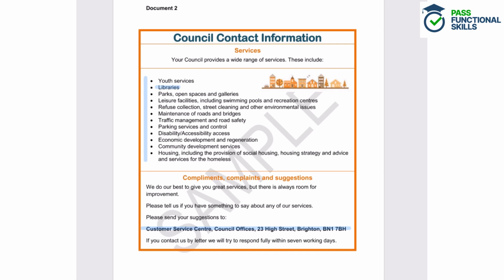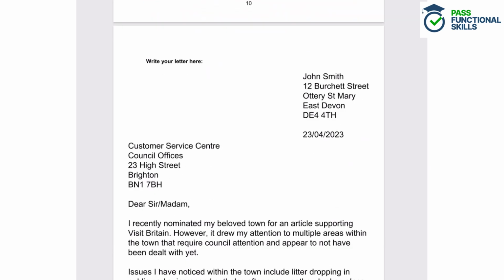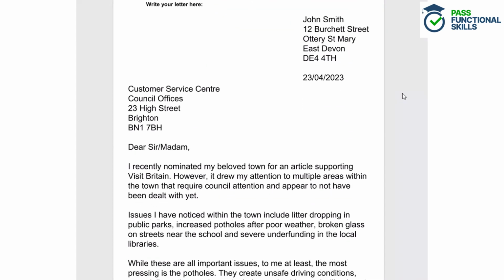So now let's take a look at the example answer. So we have the things that we need for a letter included in here. We have the address and the name of the sender, and then we've got the date underneath that. And remember to pop these in the top right.